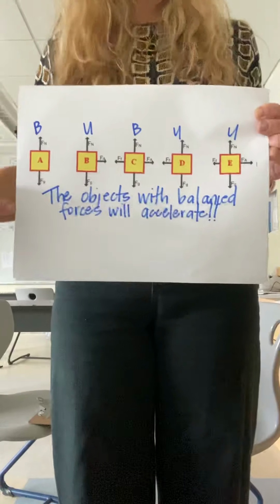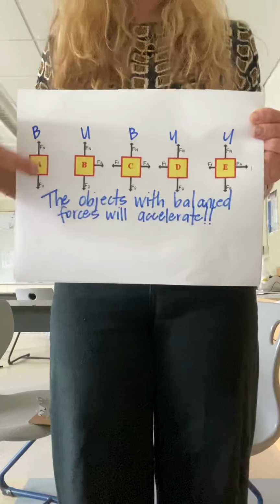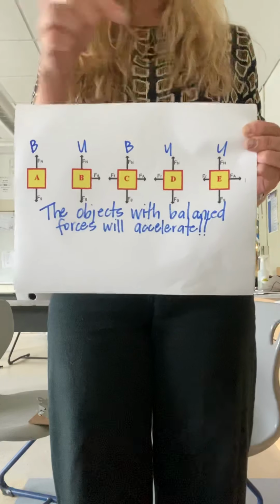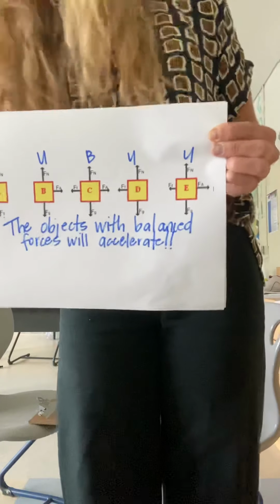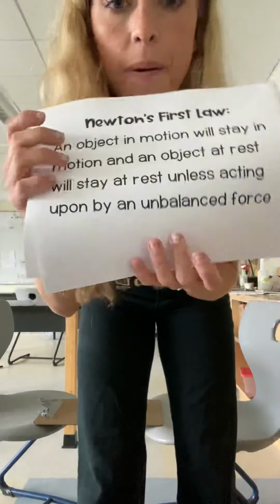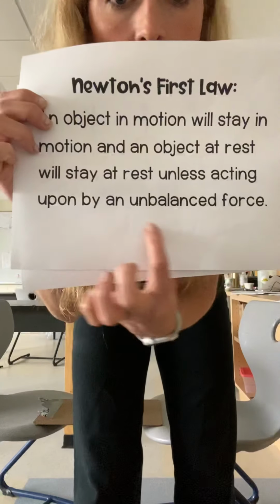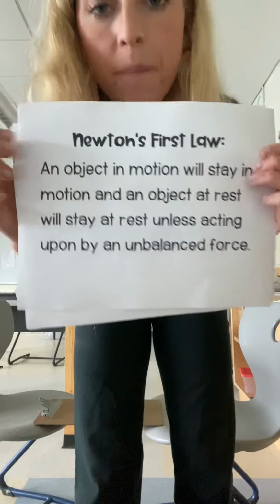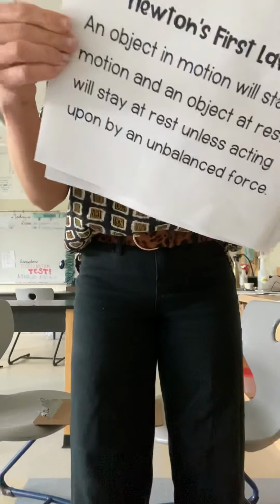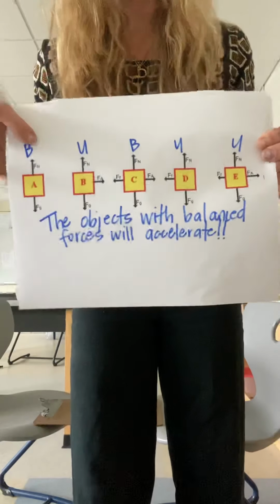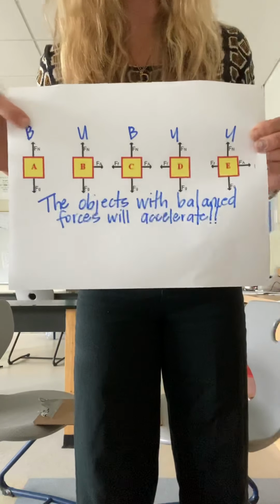This further proves, okay, Newton's first law. Why would the ones with unbalanced forces experience a change in motion? Well, that's because Newton's first law says if there is an unbalanced force, there will be a change in motion, okay? That is why all of the ones that were unbalanced will experience a change in motion, okay?